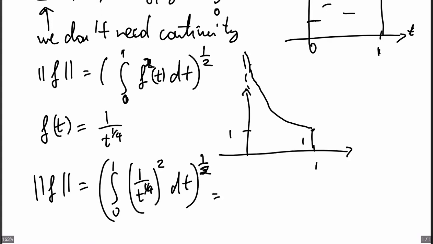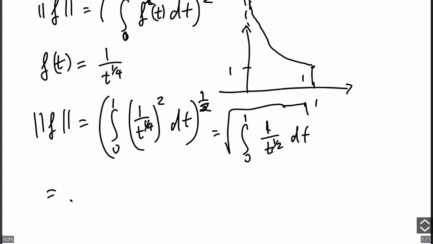So this is the square root of the integral from 0 to 1 of 1 over t to the 1/2 dt, which is the integral of 1 over square root of t, or actually it's better to write this as t to the negative 1/2.